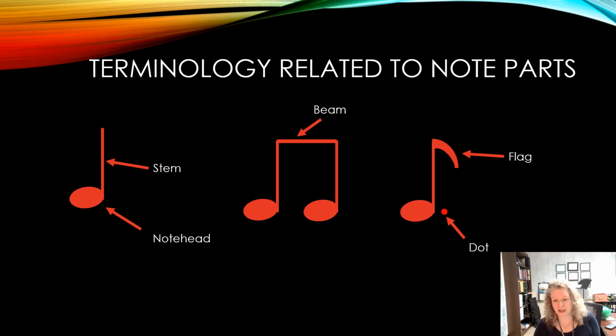And then on the right side of the screen, you have a dotted eighth note. This is a flag, which is what you have when you have a single note that would have a beam. If it's not with a partner or in a group, it has a flag, and then there's a dot. And we'll talk more about those another time. That's terminology related to note parts.